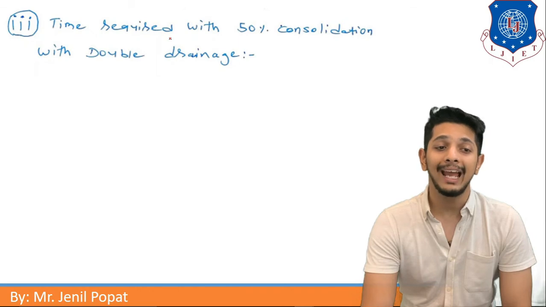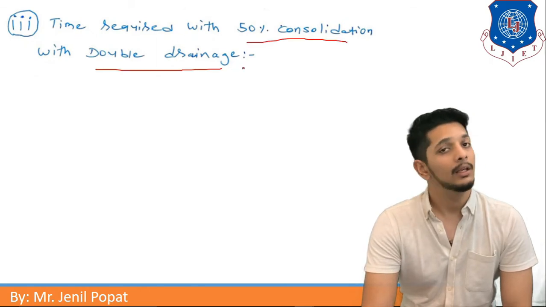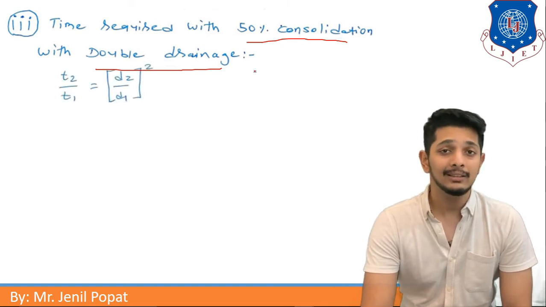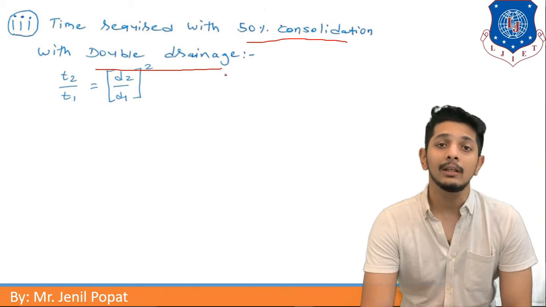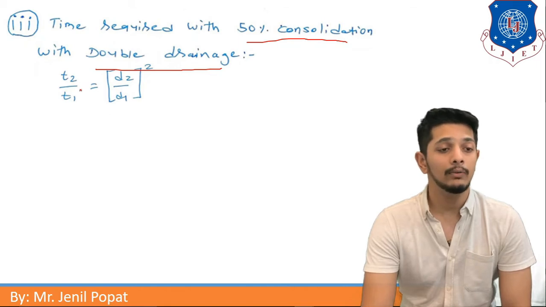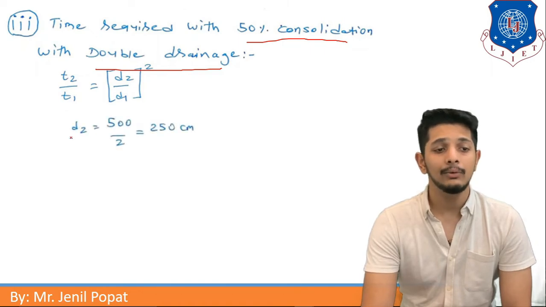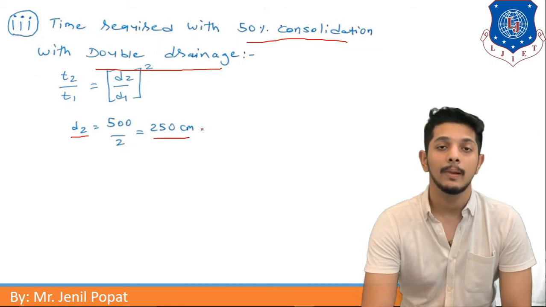So we have to find out time required for 50% consolidation with double drainage. Let us find out. As we are given double drainage, in the case of double drainage, we do take depth as half of the given depth. Let us move forward. T2 by T1 is equal to (D2 by D1) whole square. Now D2 will be put as half of 500, so it is 250 centimeters.